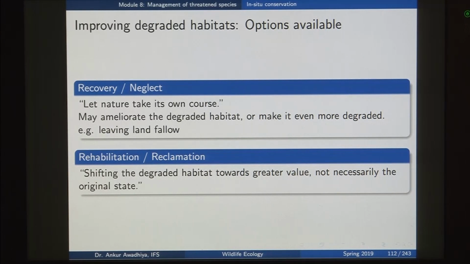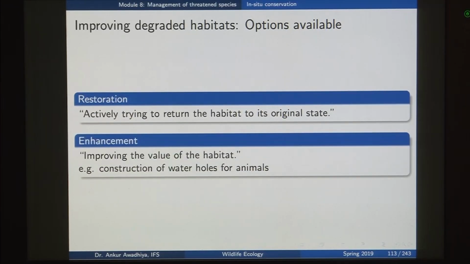The other option is that of rehabilitation or reclamation, which is shifting the degraded habitat towards greater value, which might not be the original state, but which would be something that is better than the existing situation. The next one is restoration. In the case of restoration, you are trying to bring the habitat back to the original state, and enhancement is improving the value of the habitat, for example construction of water holes for animals.